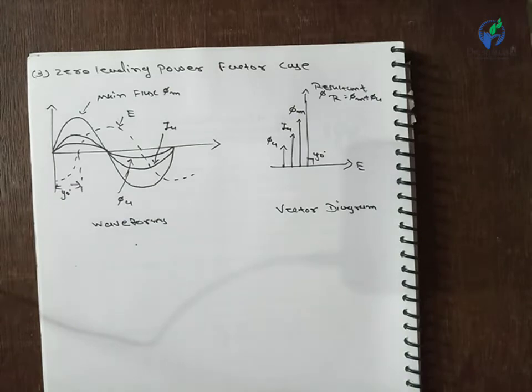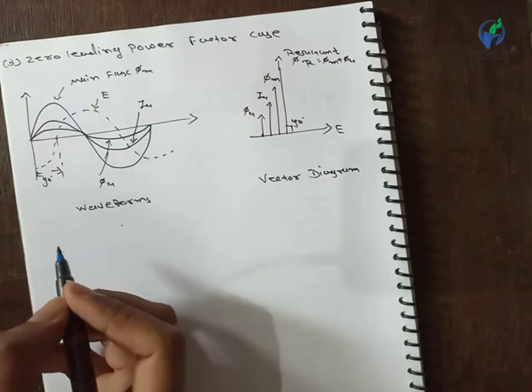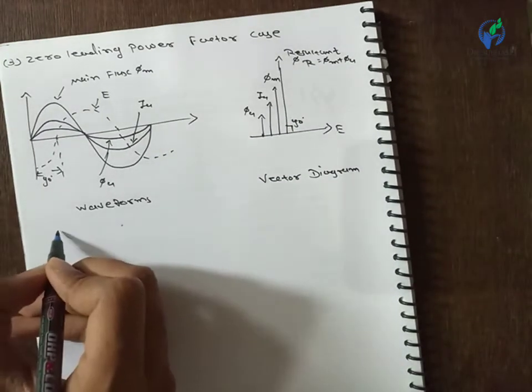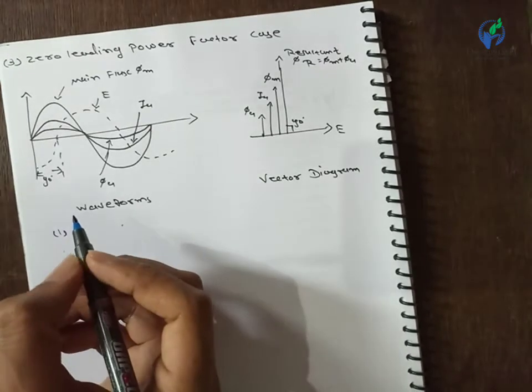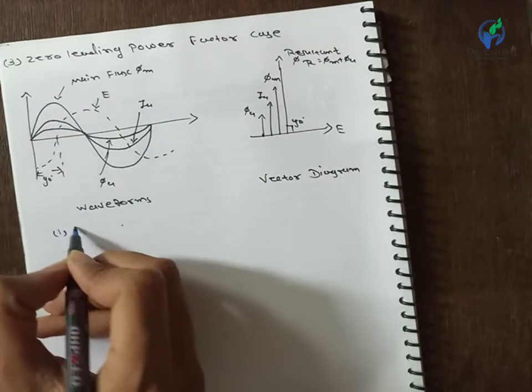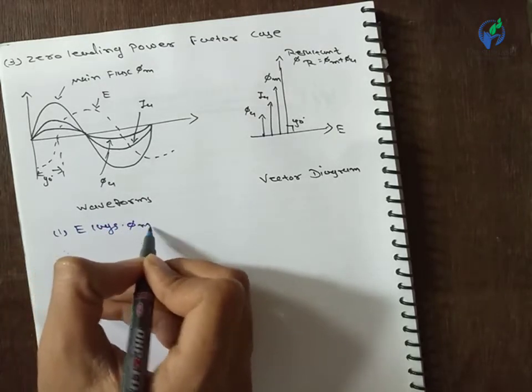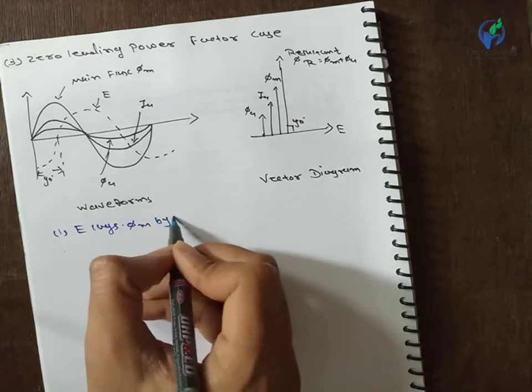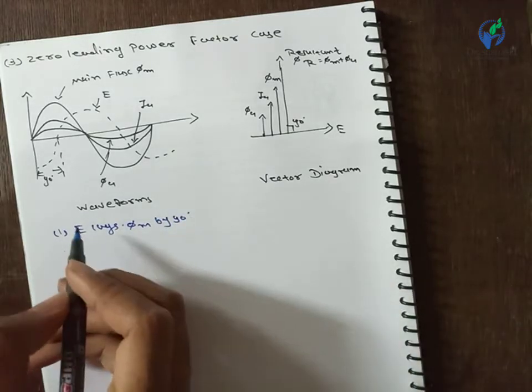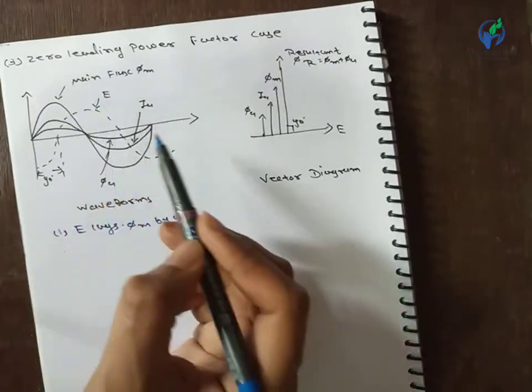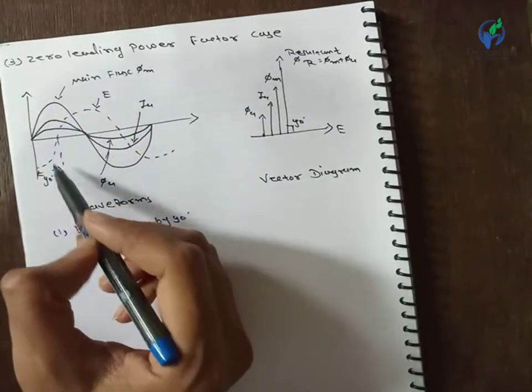In the zero power factor leading case, the alternator supplies power to a purely capacitive load. Here are some important points we can write down. The first point is E lags phi m by 90 degrees.